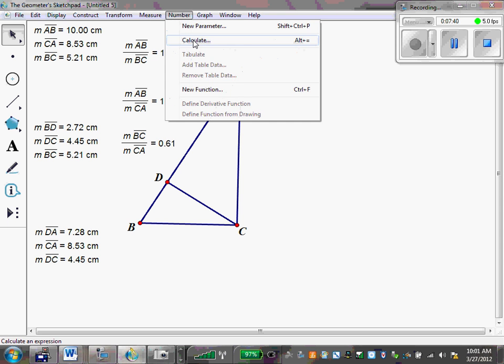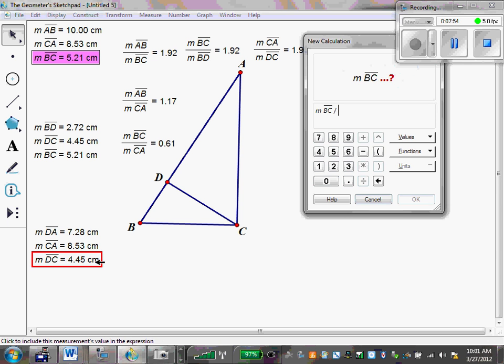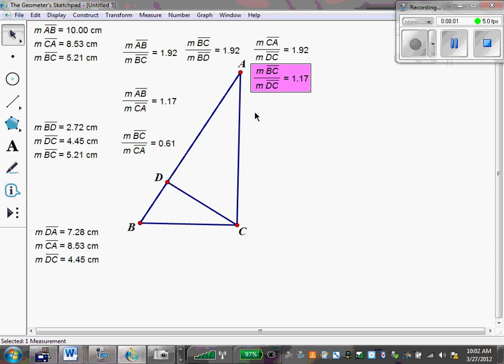So I'm going to pull up my calculator, and this time I am going to use the shorter leg, again first here, of the big triangle, and I'm going to divide it by the shorter leg of this triangle. Same ratio. So I have one more to check there.